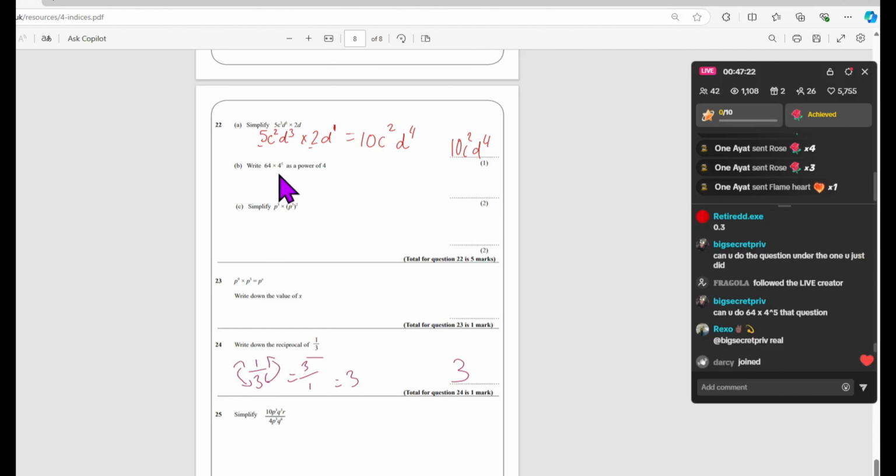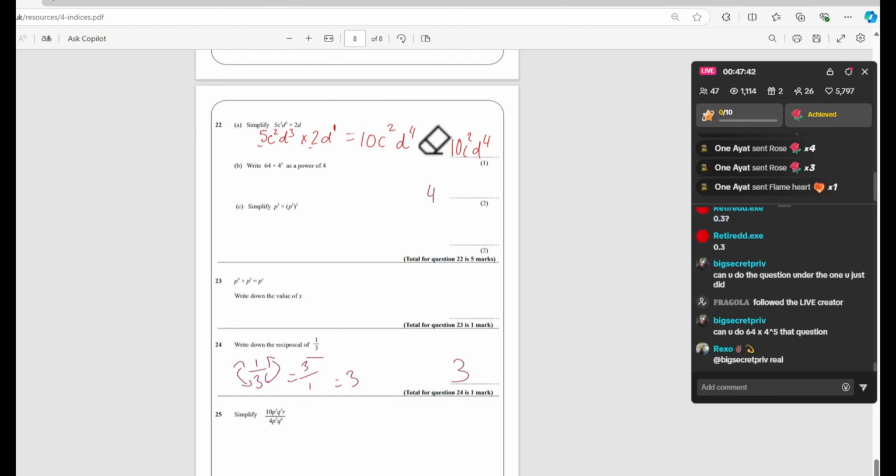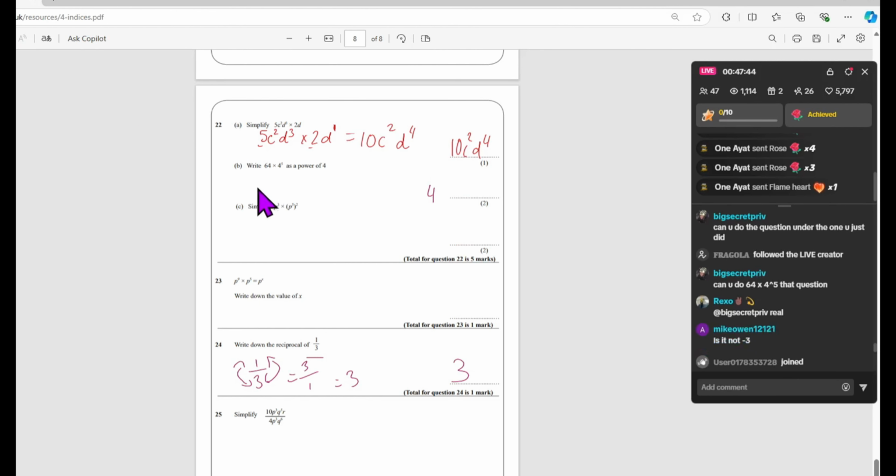So I'll do this question. We need to write 64 times 4 to the power of 5 as a power of 4. What this is telling us is that we have to give our answer as 4 and then a power. You have to find out what this power is. We already have 4 to the power of 5 as a power.